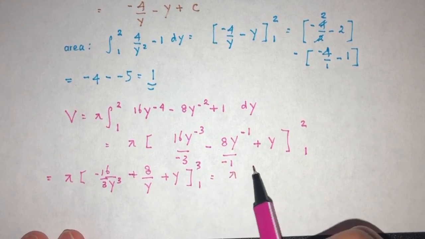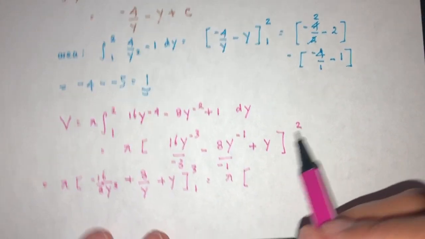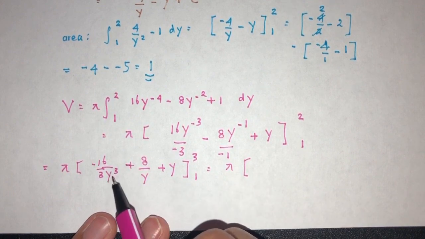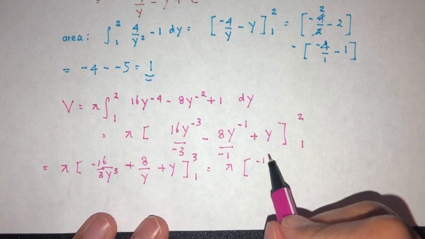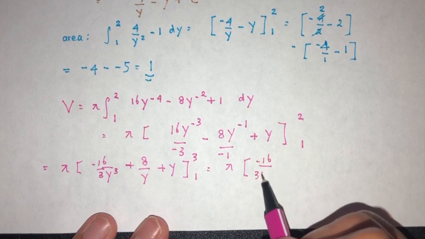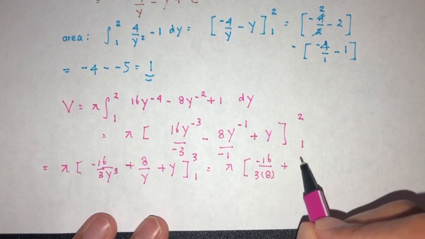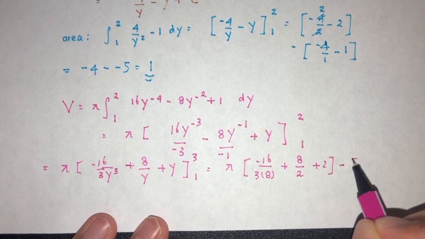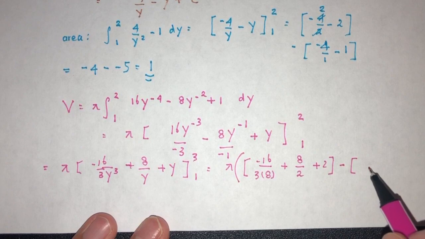So one by one, let's see what happens. At first we have 2, replace here, so minus 16 divided by 3 times 2 cubed, which is 8, plus 8 over 2 plus 2, minus the value at 1, we will have minus 16 over 3, right?